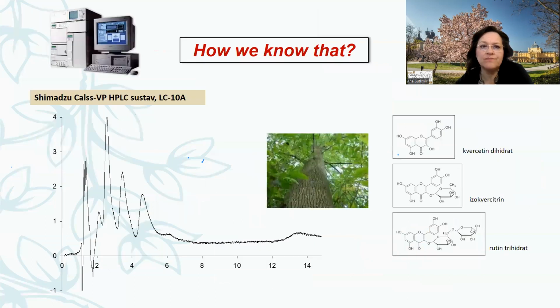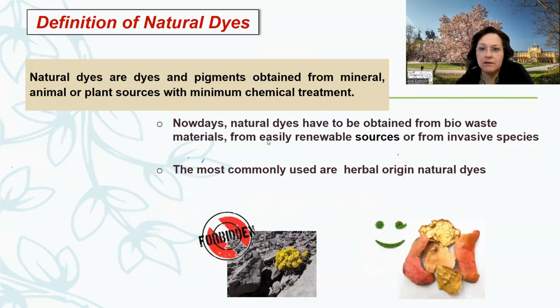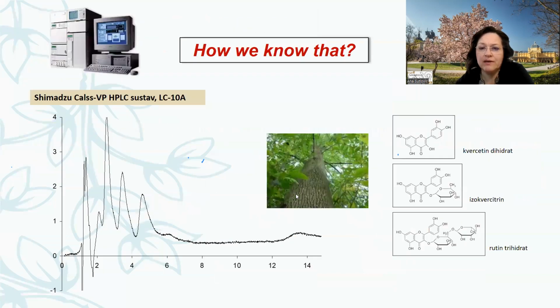Information about the chemical structure of dyes you can obtain from the laboratory, from chemical analysis. Here is an example of application of liquid chromatography for the ash bark analysis provided in my Department for Textile Chemistry and Ecology.